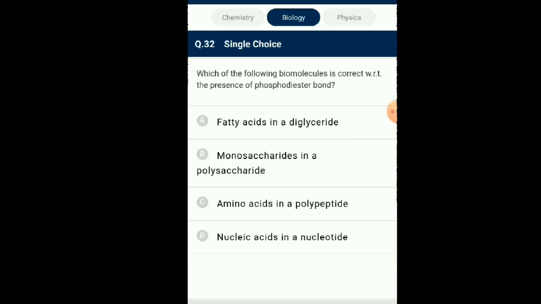This bond is formed by the linkage between the third carbon atom of one sugar and the fifth carbon atom of another sugar. The peptide bond links the amino acids in a polypeptide. Monosaccharides in polysaccharides are joined by glycosidic bonds. So the answer for this question is option D, nucleic acids in nucleotides.